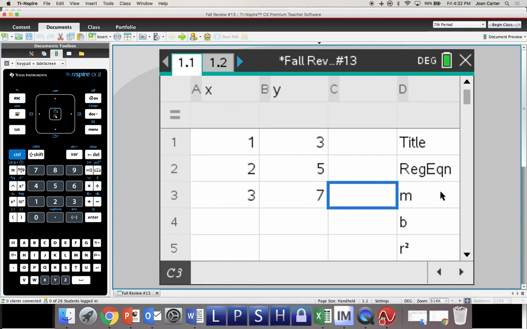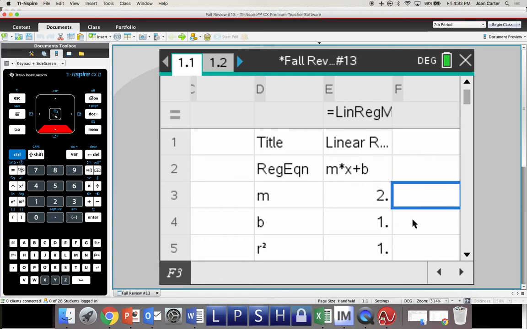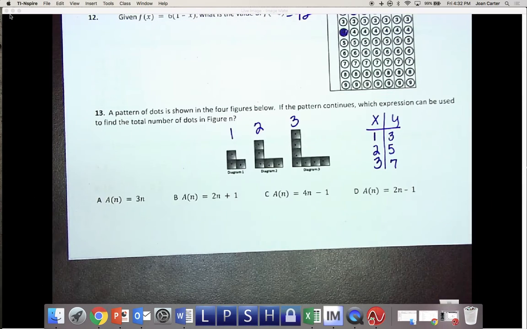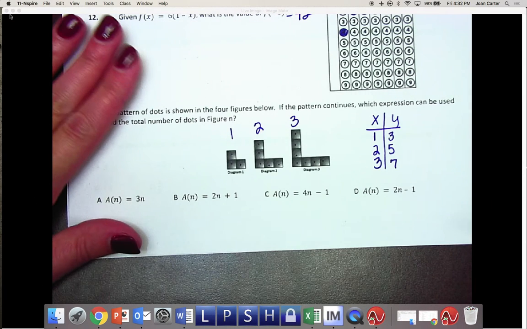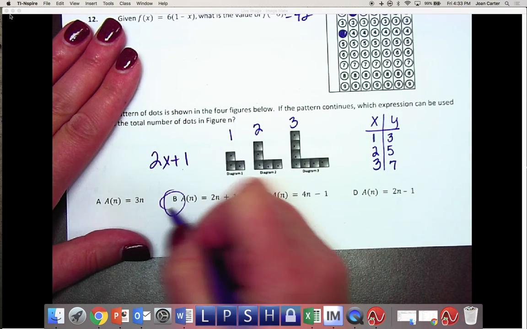You can do stat calculations over here, and it's somewhat helpful, but it's not the best. It does tell me that the slope is 2 and the y-intercept is 1, or you can do the linear regression piece and make a table and have it tell you that it is 2x plus 1. It's your choice. Both ways will give you the information you need. So we know it's 2x plus 1, which is actually B.